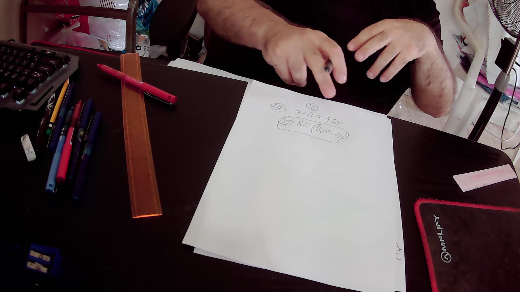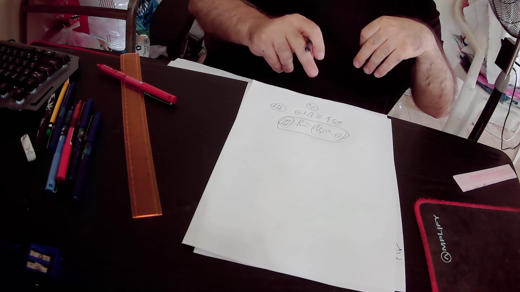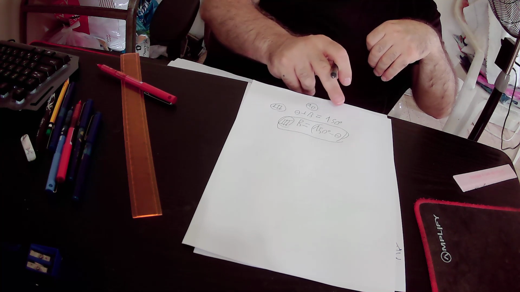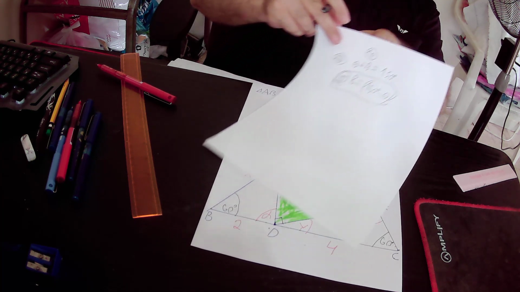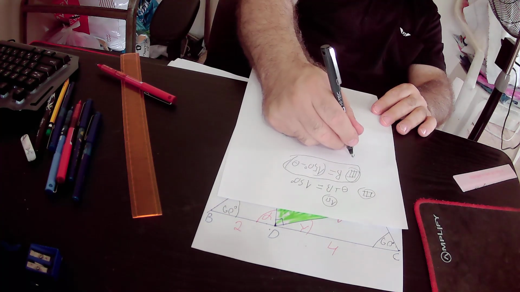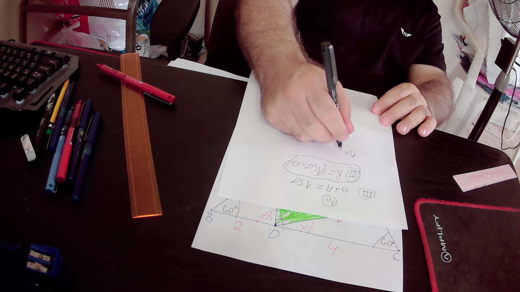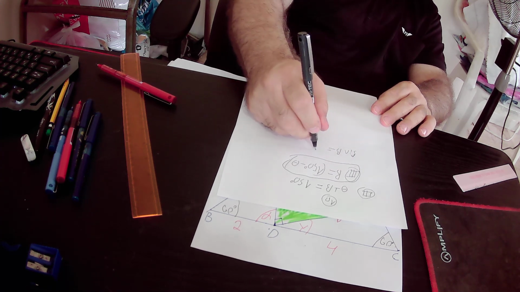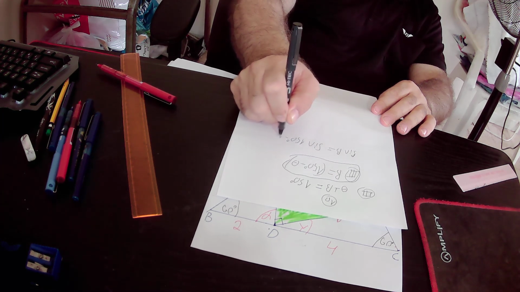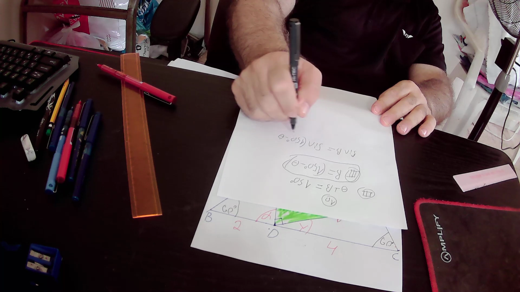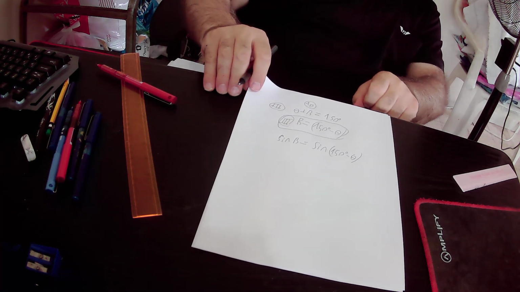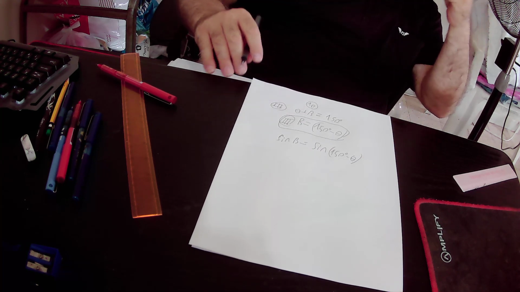But if beta equals 150 degrees minus theta, then sine beta will be equal to sine of 150 degrees minus theta. Very simple. So I write it down that sine beta equals sine of 150 degrees minus theta.